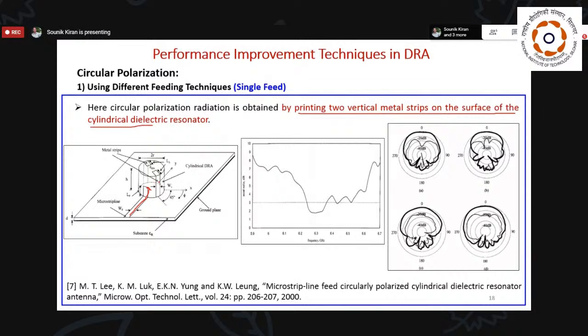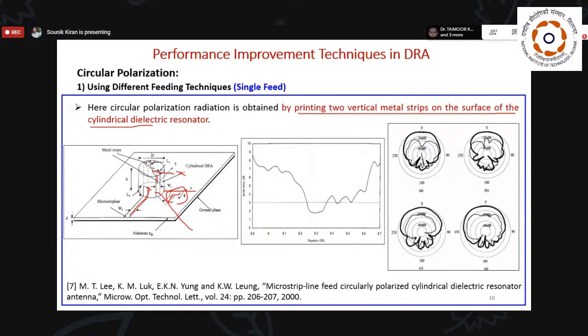But they placed the two vertical metal strips, and keep in mind, placement of these vertical strips at any random position will not ensure circular polarization, because we need to think about the angle. If you look here, the angle is around 45 degrees. It should be 45 degrees from the x-axis, this axis. If this is considered the x-axis, it should be 45 degrees.